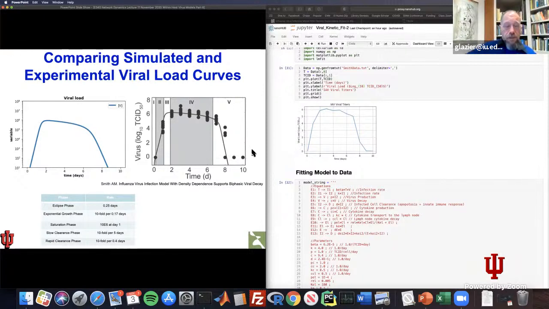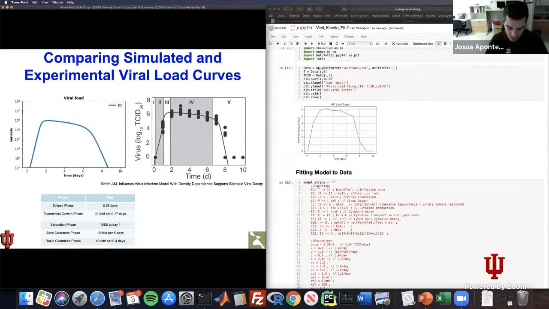I guess there are a couple of things. One, there's a problem that the experimental measurements were only done once per day. So you can't really see what's happening early on because you only have one data point, which is that value at day 1. The time measurement for the experiment is too coarse to be able to understand the eclipse phase. For 6 hours, you don't see it in daily measurement.